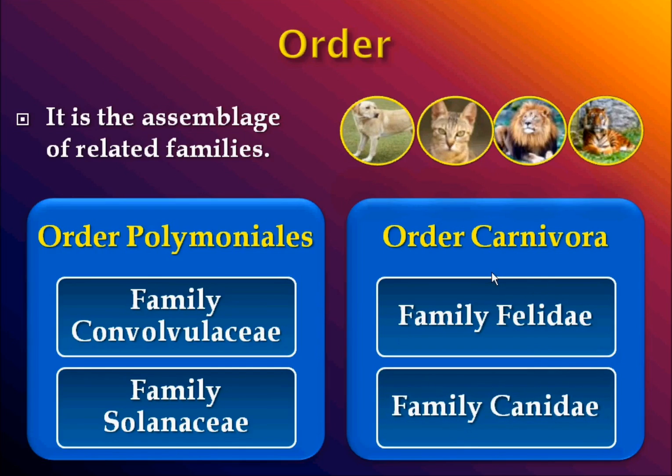So carnivora, you understand, the animals that feed on other animals. So we know that a lot of families which have similar characters are included under a single order. So you may have different orders which include families which are having similar characteristics.